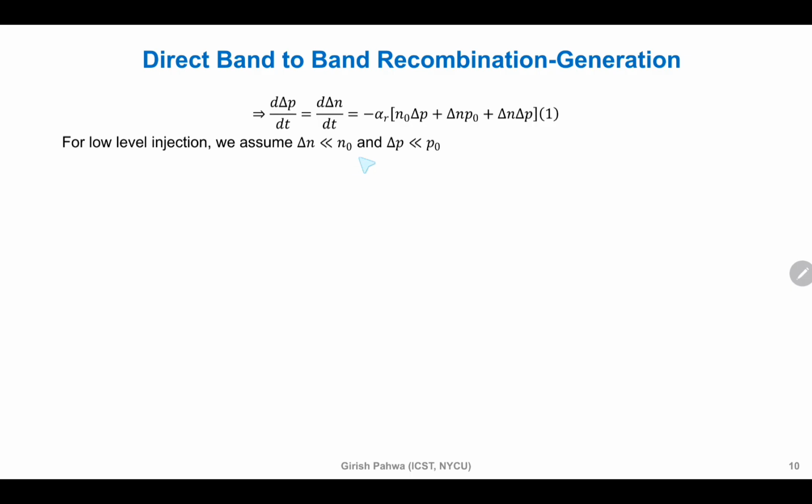For, say, an N-type material, N naught is the concentration of electrons. It's going to be very large, 10 to the power 15, 16, 17 per centimeter cube. So compared to that, we are assuming that delta N is much smaller. Similarly, compared to P naught, I am assuming my delta P is much smaller.